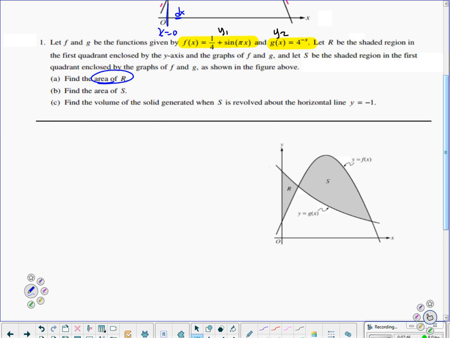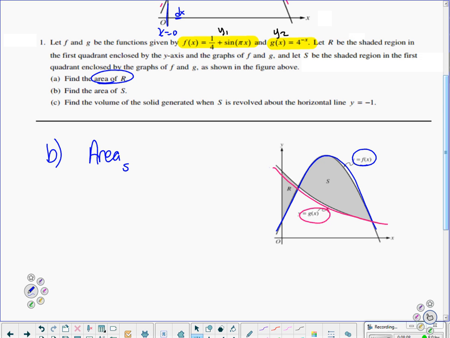Region S, I have the f of x function on top, and then it is over top of the g of x function, isn't it? So my integral, see if you can write it. Hit pause, write it out, test yourself.